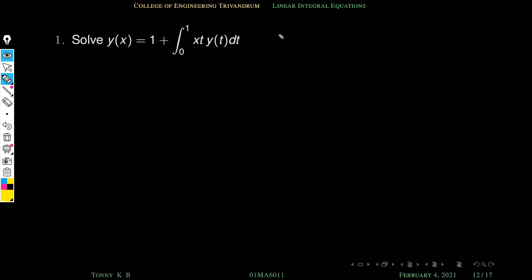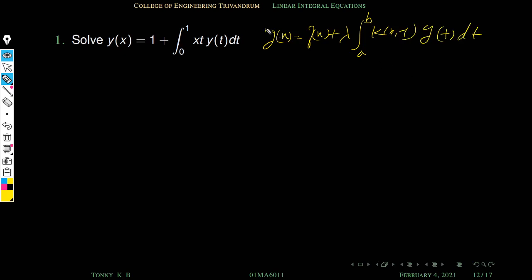In our standard form, our problem is like this: y of x is equal to f of x plus lambda times integral a to b k of x t, the kernel is a function of x and t, y of t dt.